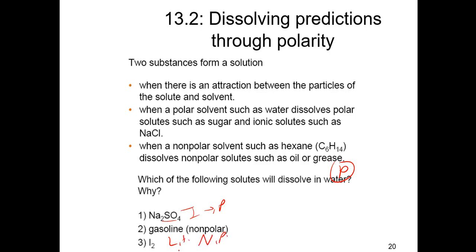And number 4 is hydrogen chloride. That's going to be dipole-dipole, and that's polar. So the first one is going to dissolve. That's a yes. Gasoline, that's going to be a no. Iodine is going to be a no. And then hydrogen chloride, that's going to be a yes, because like dissolves like.